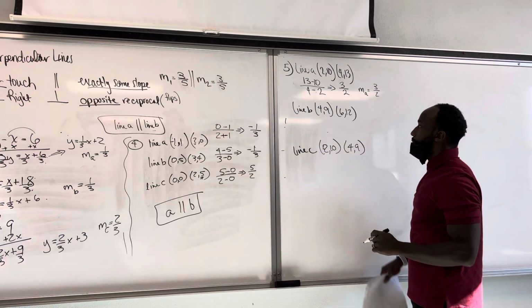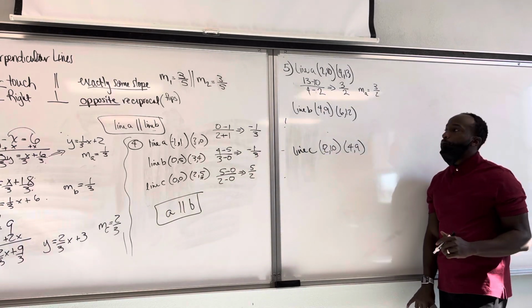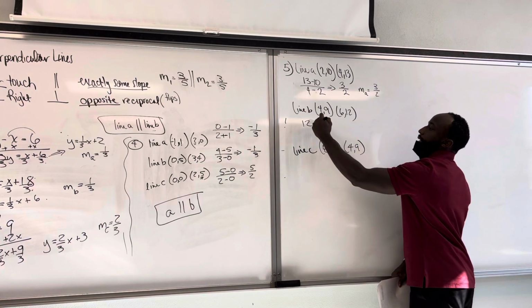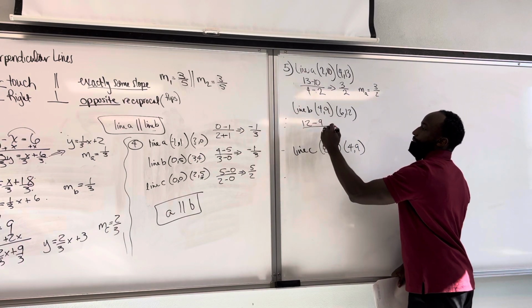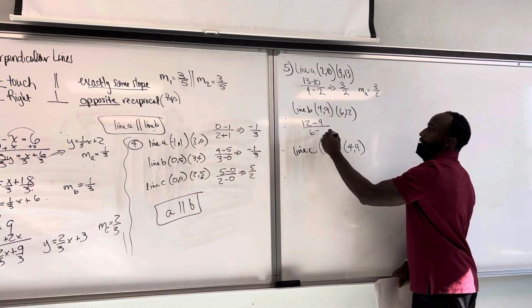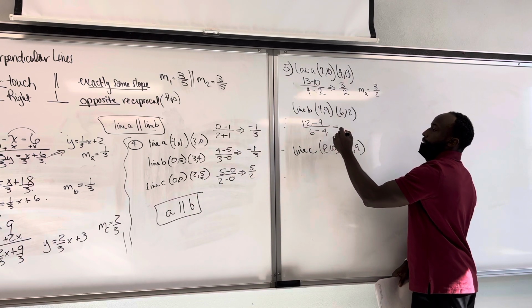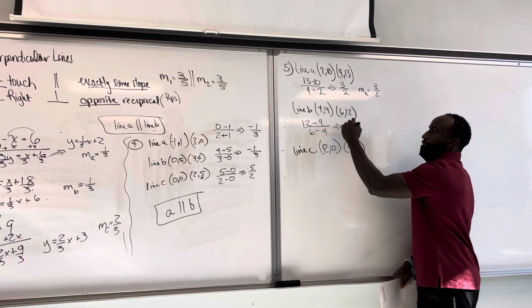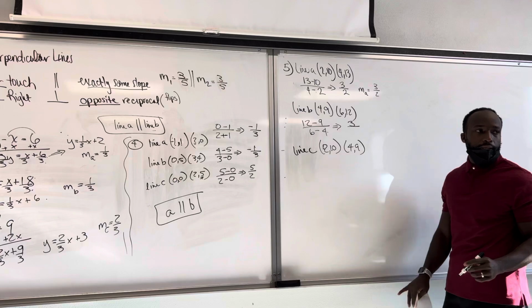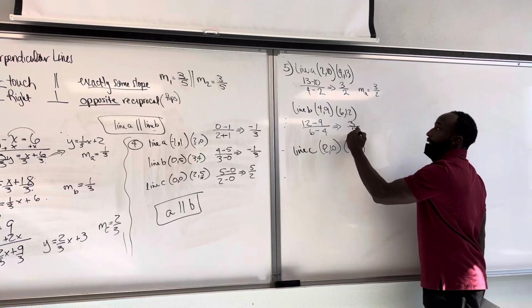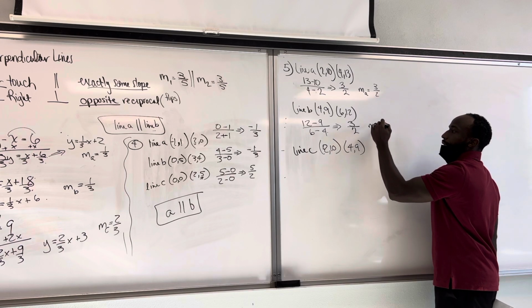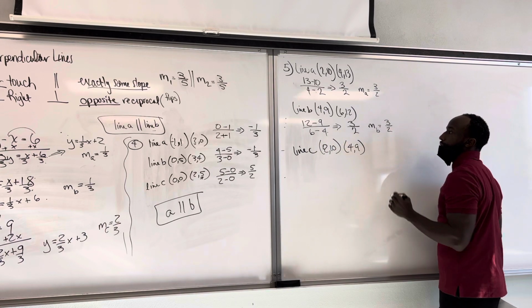Right? For this one, Y2 is what? 12 minus what? 9. And then we have 6 minus what? 4. 12 minus 9 gives us 3. 6 minus 4, 2. So the slope for line B is 3 over 2.